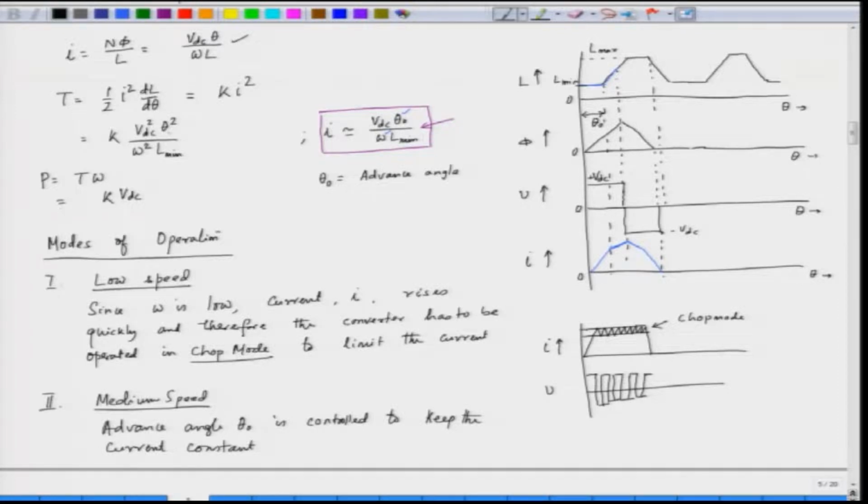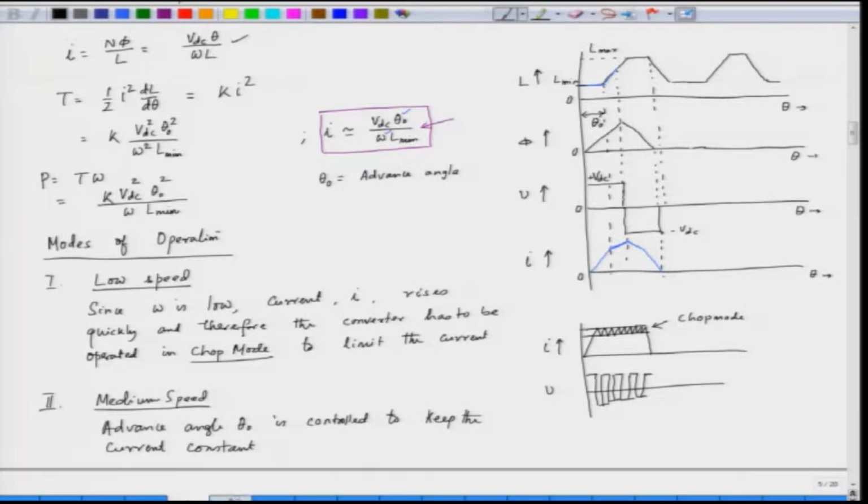Approximately we can say that this is equal to k V d square theta naught square divided by omega into L min. So, in this case, we say that the power is approximately constant, because we are keeping I constant by increasing theta naught.